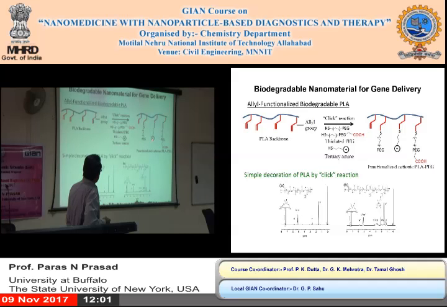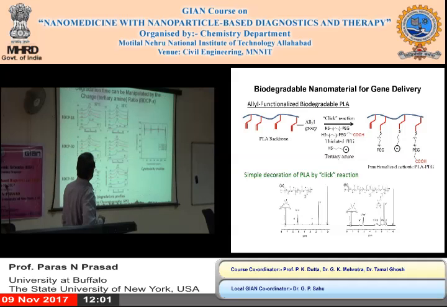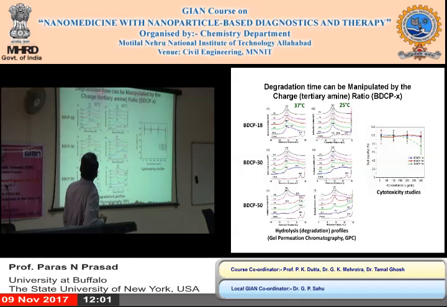You can have a positive charge by adding this amine, and then this can be a site for attachment of a gene, and you can characterize these reactions by NMR, as you have. Okay, and then you can manipulate.